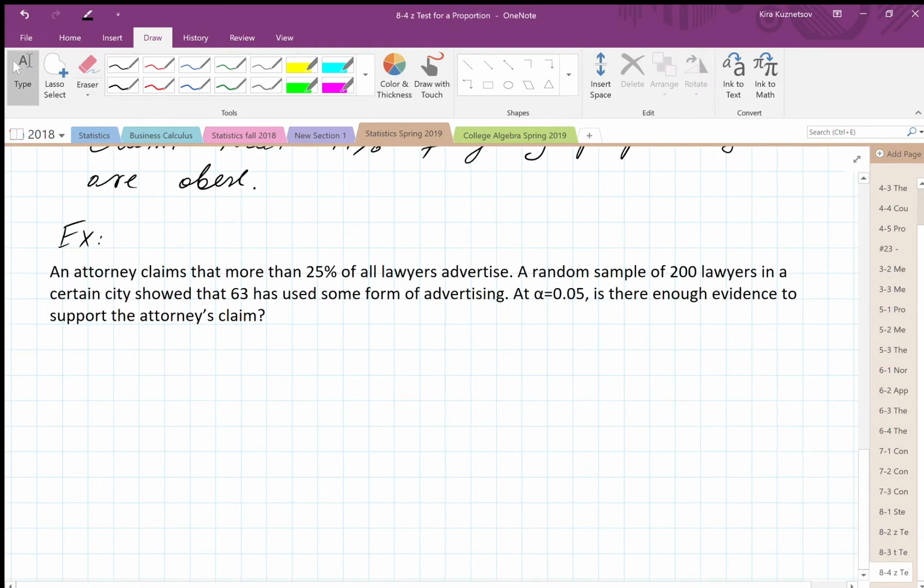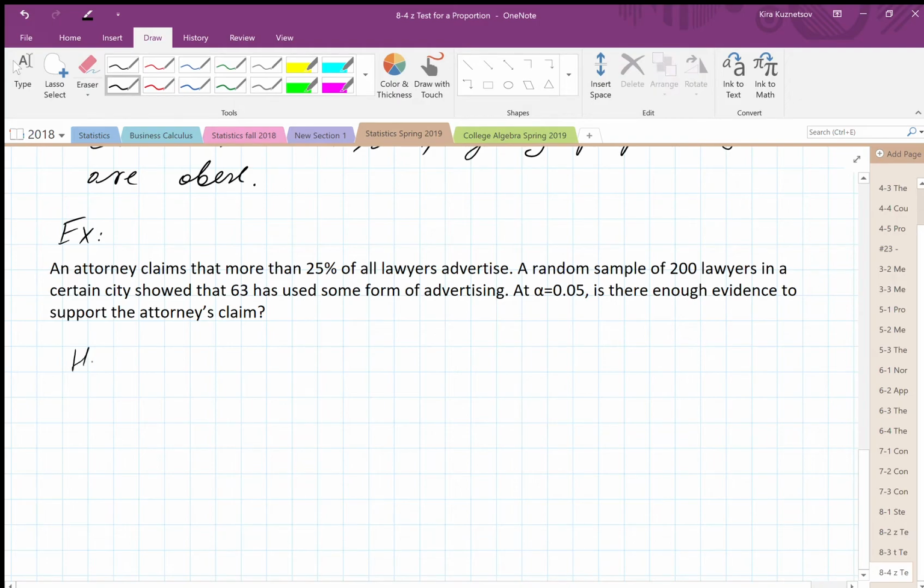and that should do it for 8-4. An attorney claims that more than 25% of all lawyers advertise. A random sample of 200 lawyers in a certain city showed that 63 has used some form of advertising. At alpha 0.05, is there enough evidence to support the attorney's claim? So let's start. Null hypothesis. This is a proportion.